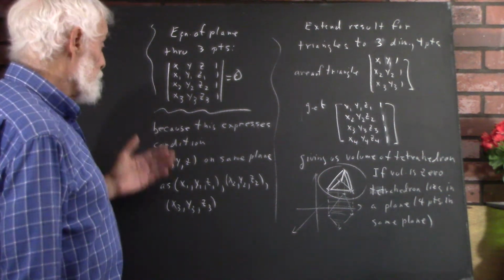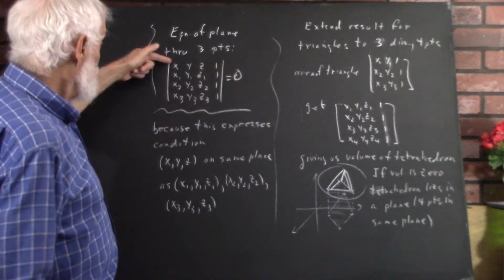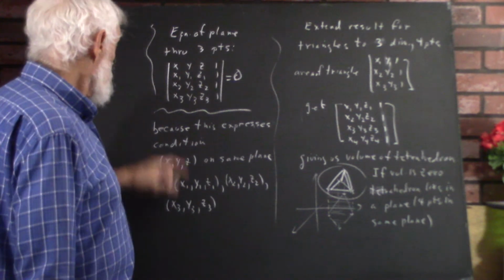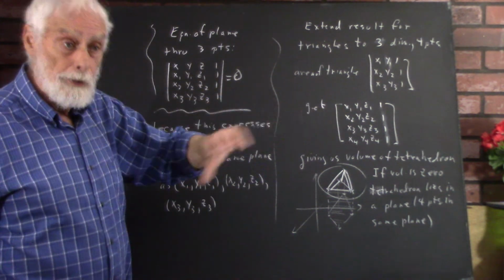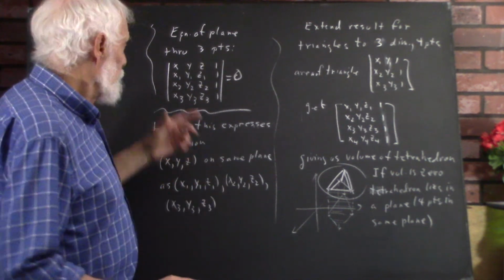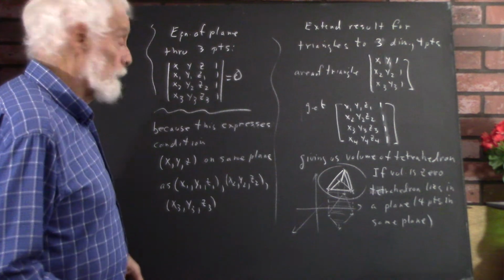Okay, it's on the same plane because this determinant is 0, which means the 4 points there are on the same plane. And of course, if it's an arbitrary x, y, z that's on the same plane, this is going to work for every point on that plane. So you're going to get the equation of a plane.